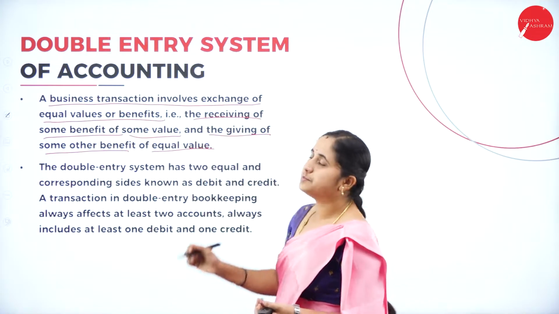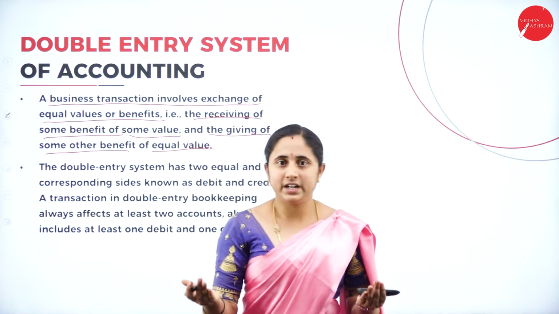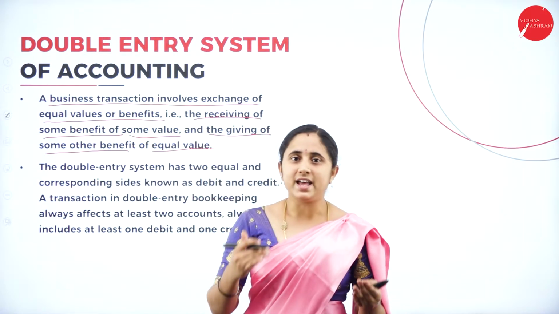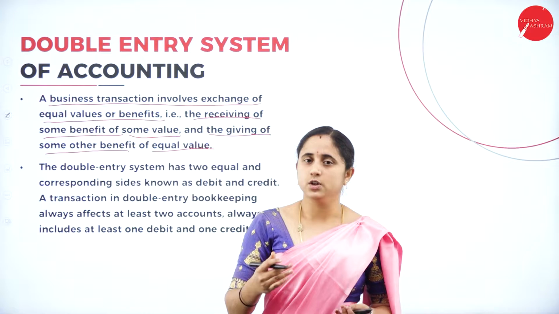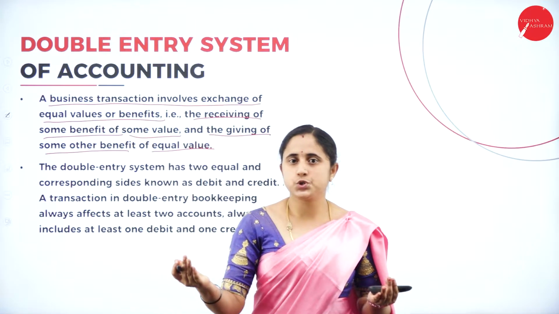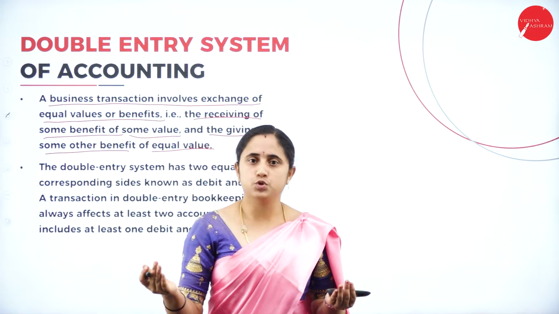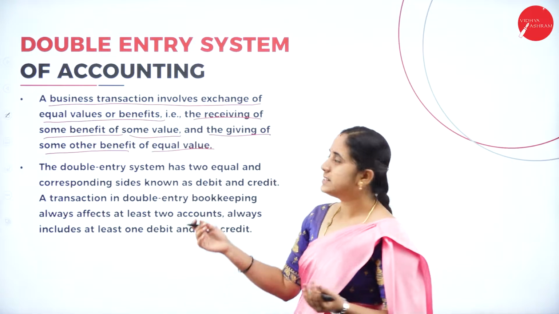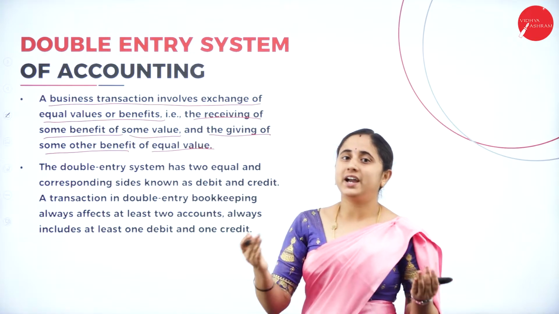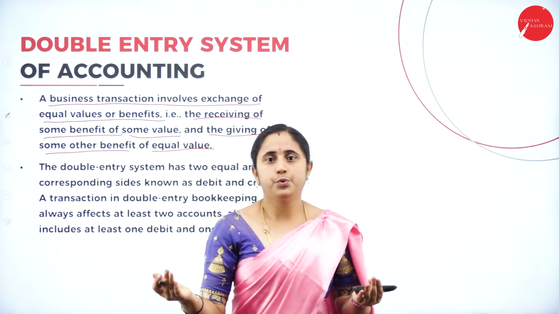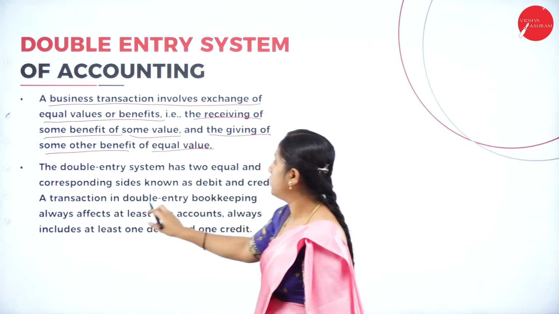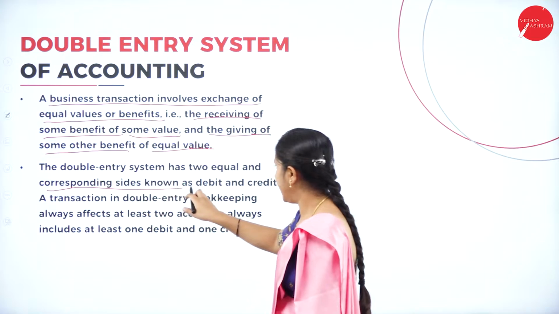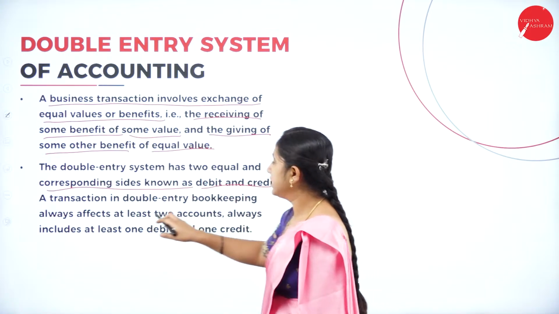Double entry system says record both the entries. When a transaction is made, someone is giving means someone is receiving. So both the entries should be recorded in the books of accounts. A double entry system has two equal and corresponding sides known as debit and credit.